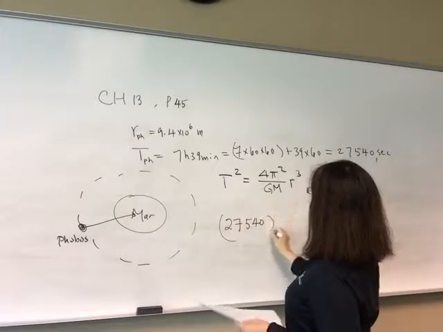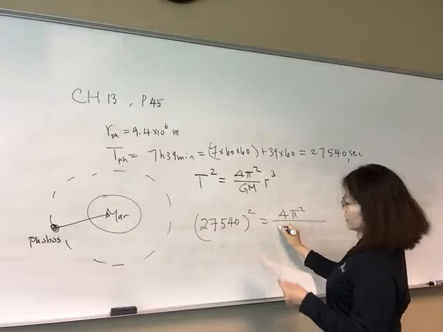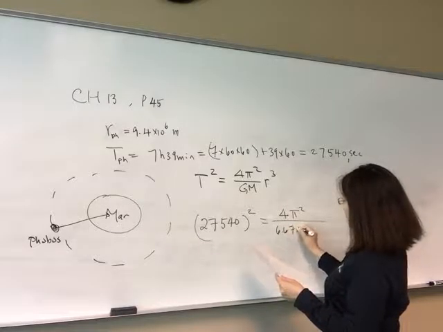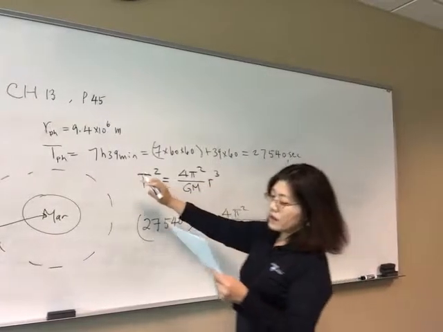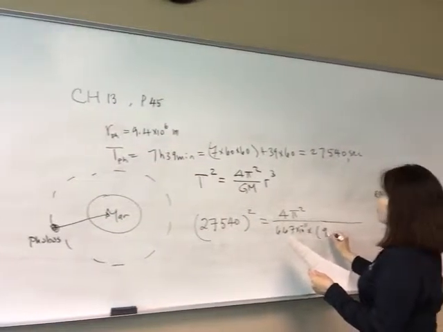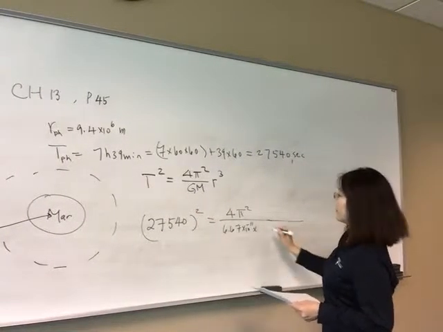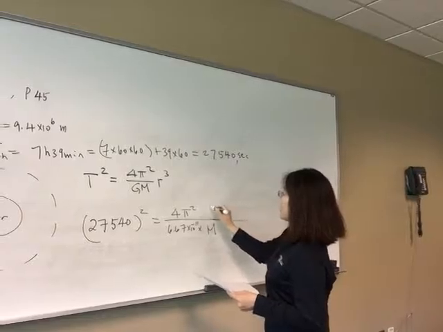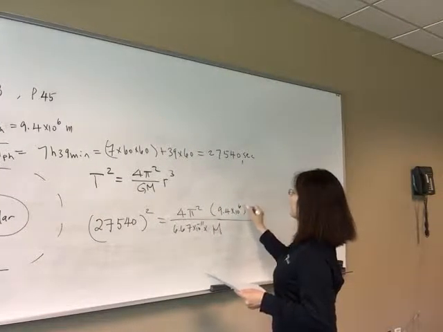27540, you square it, and that's equal to 4 pi squared, your G value, which is 6.67 times 10 to the negative 11, times the mass M, and then times your R. Your R is 9.4 times 10 to the 6, and you cube it.